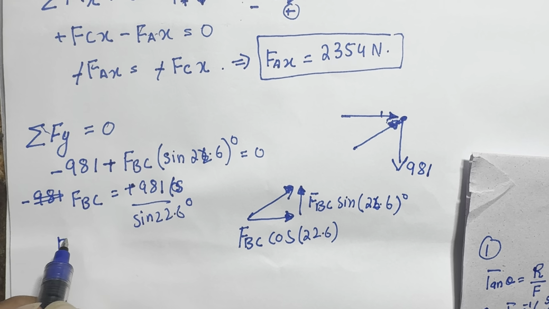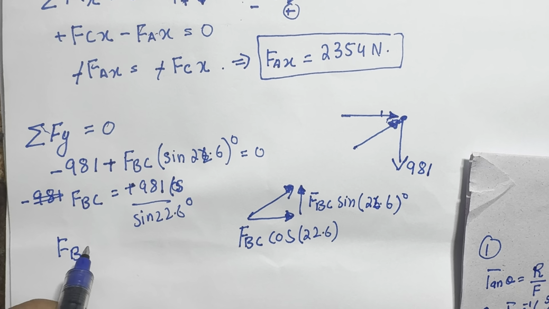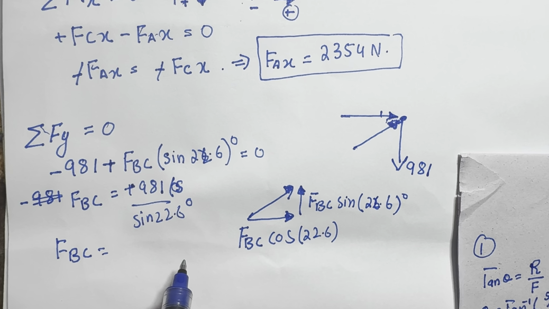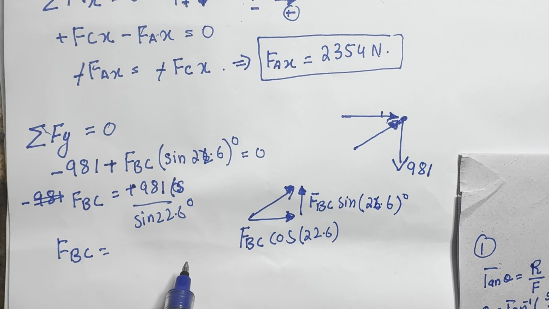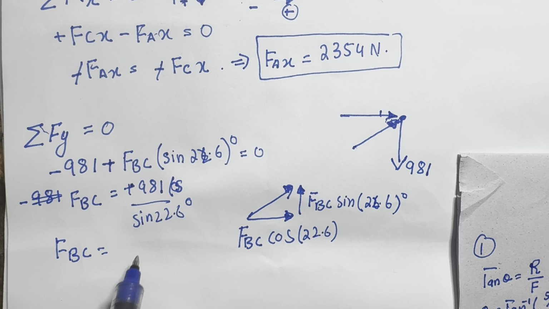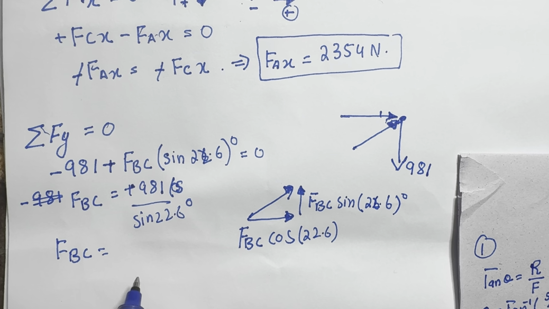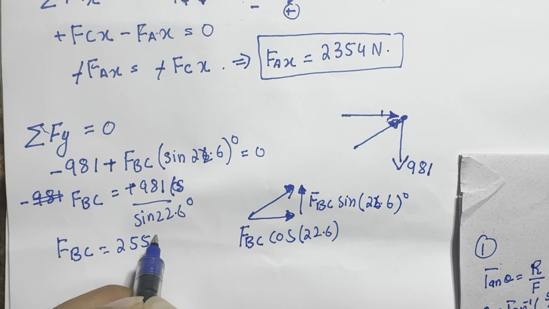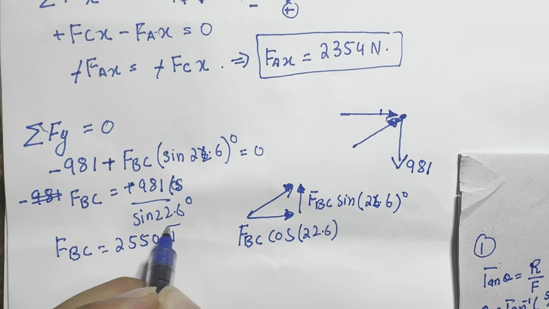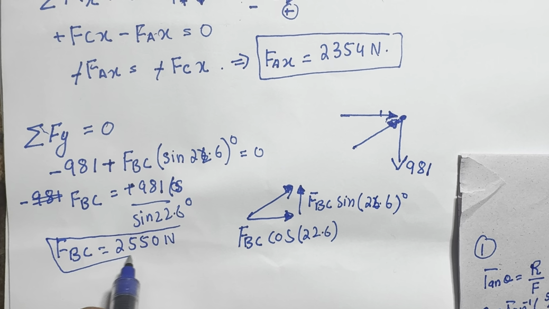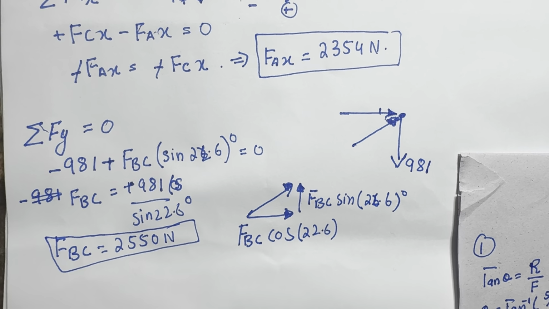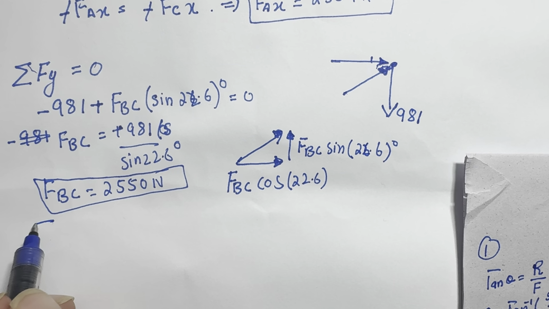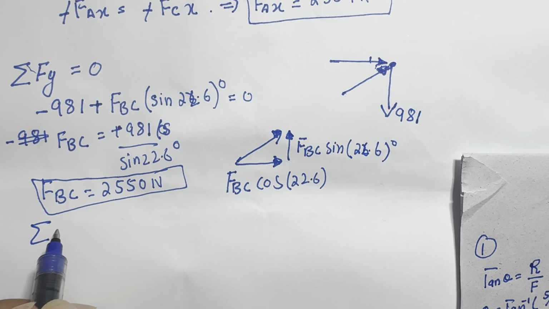If you calculate this on your calculator, it becomes 2550 Newton. This is my FBC.